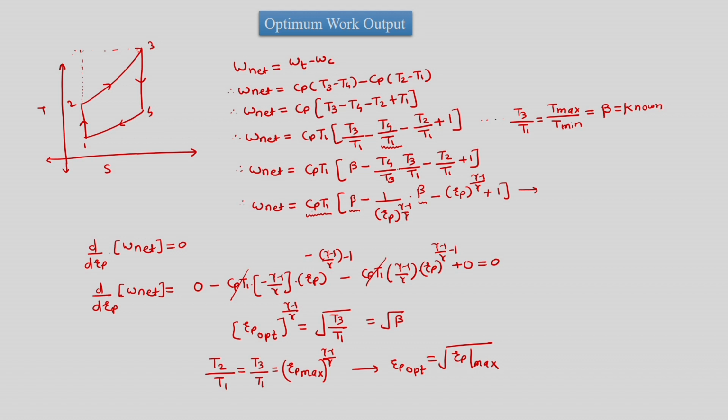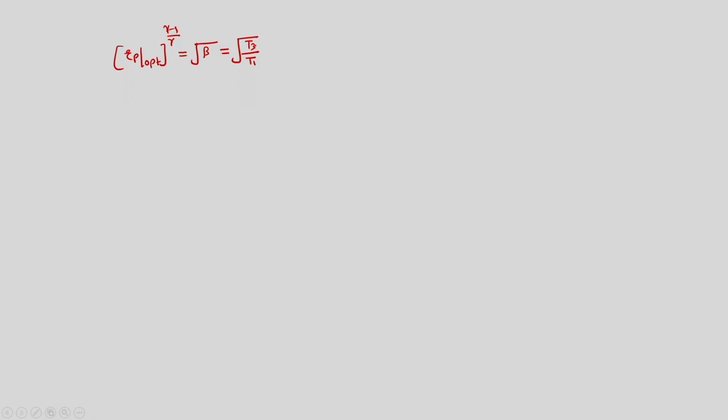So knowing this, we can find out the basic things about Rp optimum. Now we have got that Rp optimum bracket raised to gamma minus 1 upon gamma is equal to square root of beta, which is equal to square root of T3 by T1.